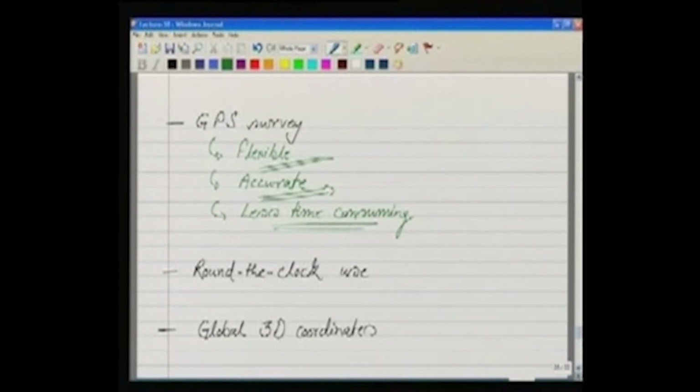The operation is less time consuming. As we discussed, round the clock we can use GPS. One more important thing, the coordinates which we are getting are global 3D coordinates. It is not a local coordinate system. So anytime the survey which we have done with GPS can be related to, can be compared with, any global survey.